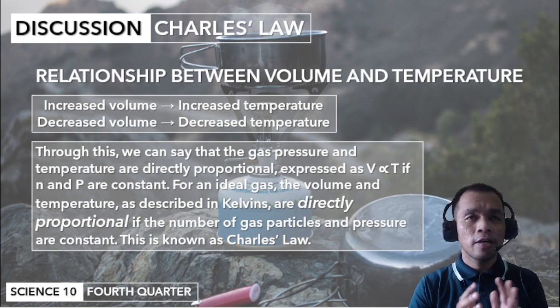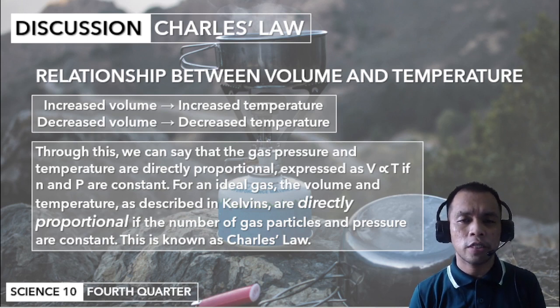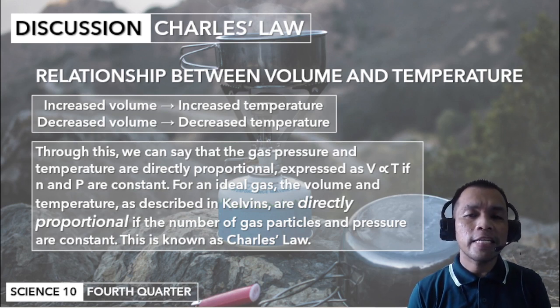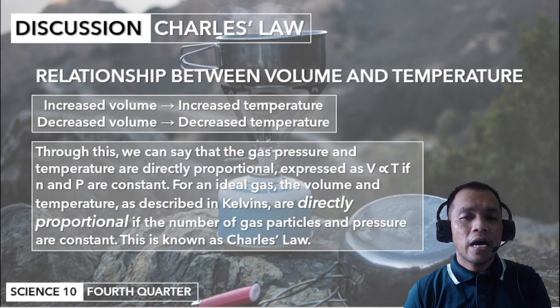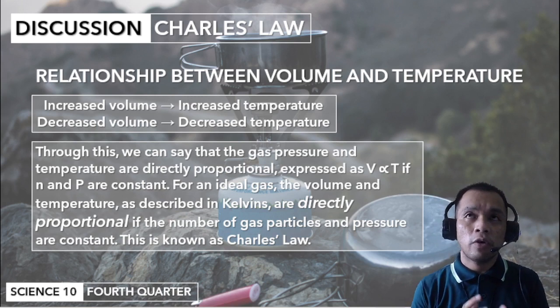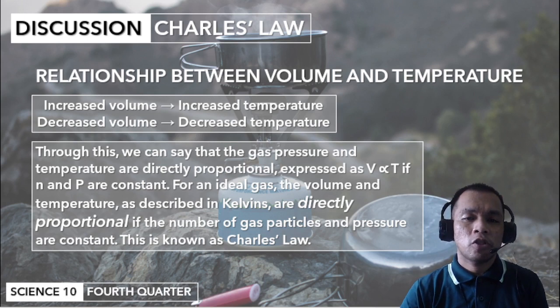Earlier, in Boyle's law, the temperature is kept constant, and this time for Charles' law, the pressure is kept constant. For an ideal gas, the volume and temperature, as measured in kelvins, are directly proportional. So if in Boyle's law the relationship is inversely proportional, for Charles' law the relationship is directly proportional.